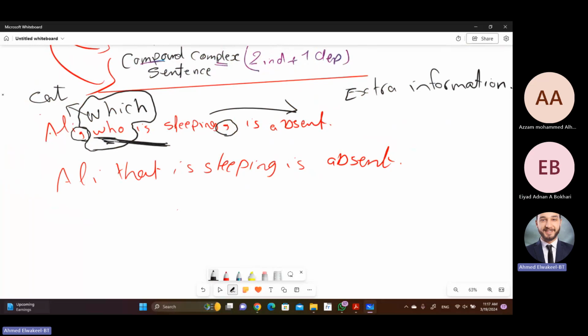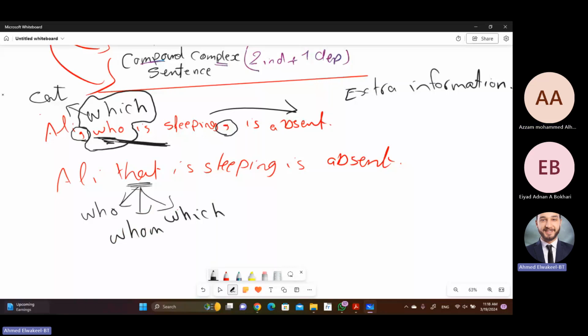But in this case, when I use the pronoun that, and by the way, the pronoun that can refer to who, which, and also whom. It can refer to an animate object like the cat or a person like you, for example, or Ali.